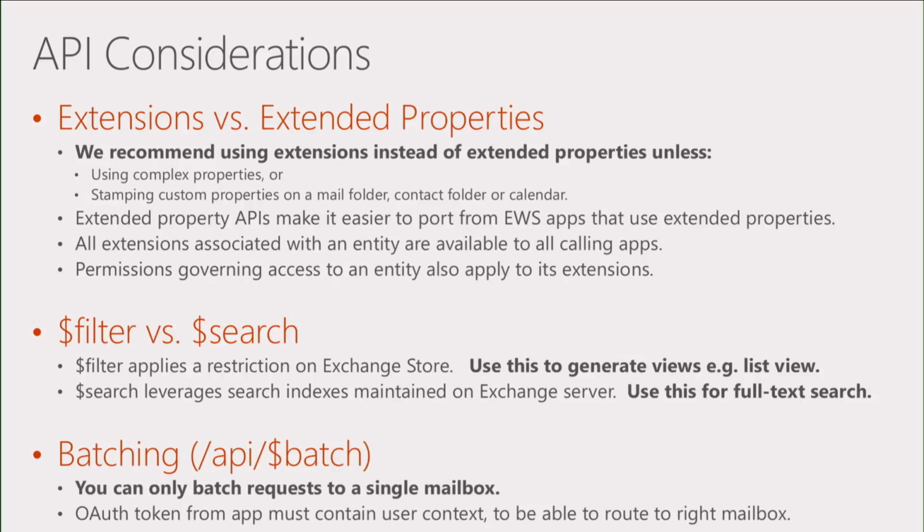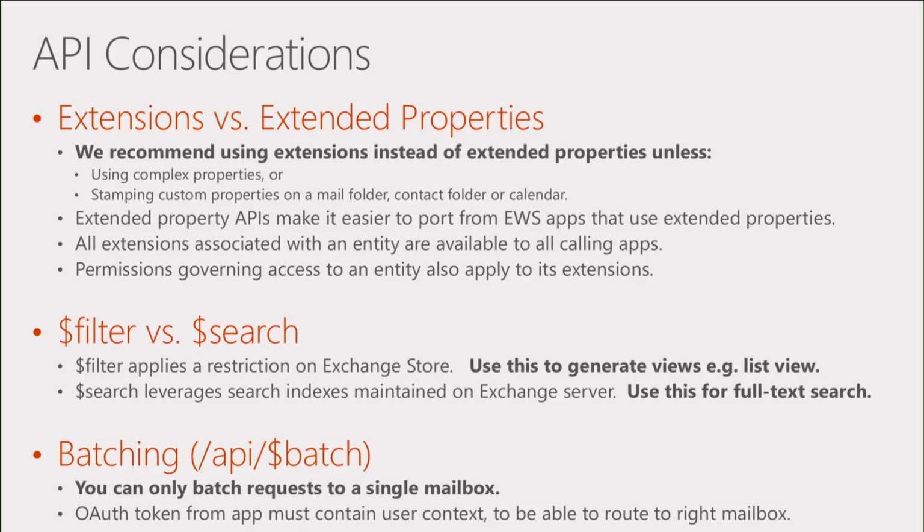For batching, key thing to remember about the batch endpoint we have today, number one, you can only batch API calls to a single mailbox. Why is that? Really what Exchange is, it's an at-scale user partitioned store with a bunch of logic on top. And we can batch transactions and route them to a single mailbox, but if we try doing fan out, because of our high availability architecture, these different mailboxes you're fanning out to could be very far away, and your app could be waiting a long time, so we don't want to do that.